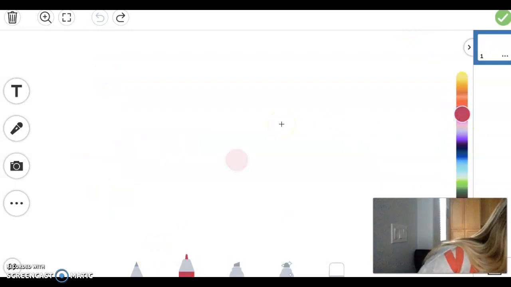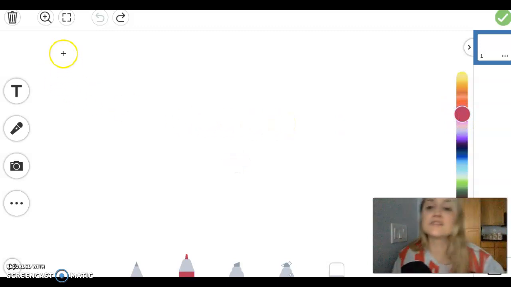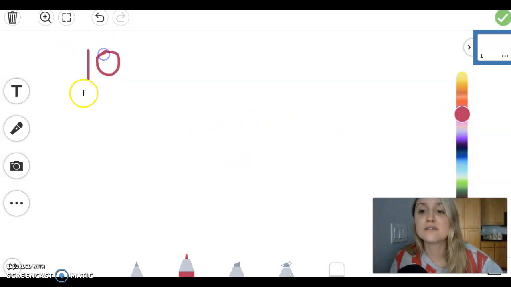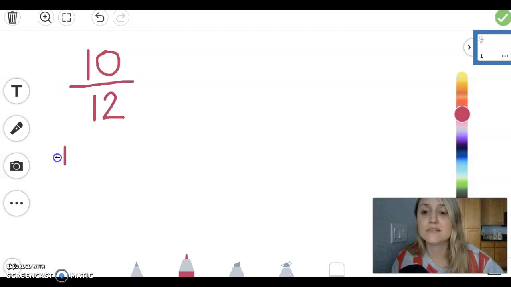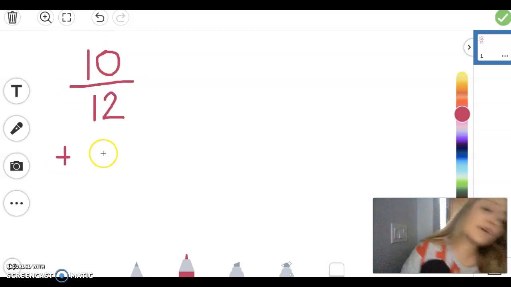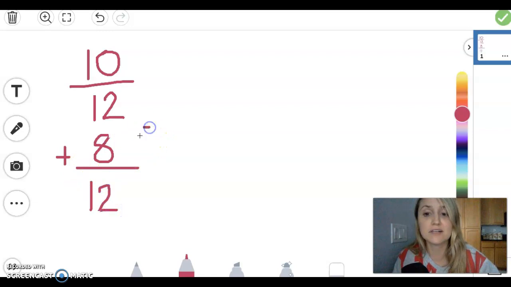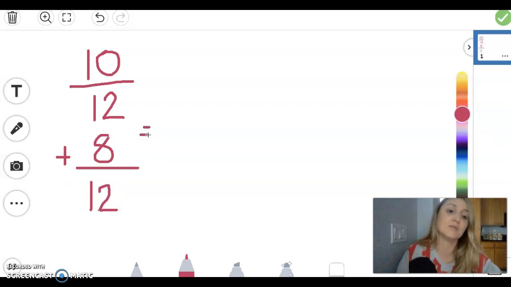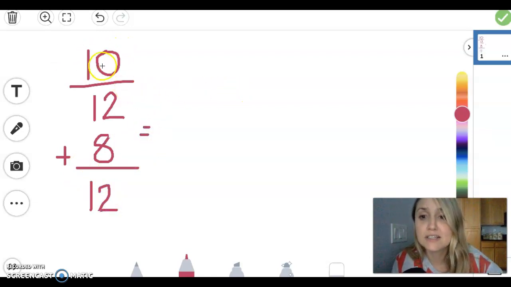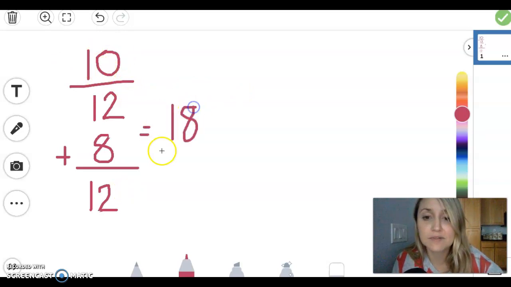So we'll do 10/12 plus 8/12. So this one's going to be a little different because we are actually going to end up with an improper fraction. So 10 plus 8 is 18.